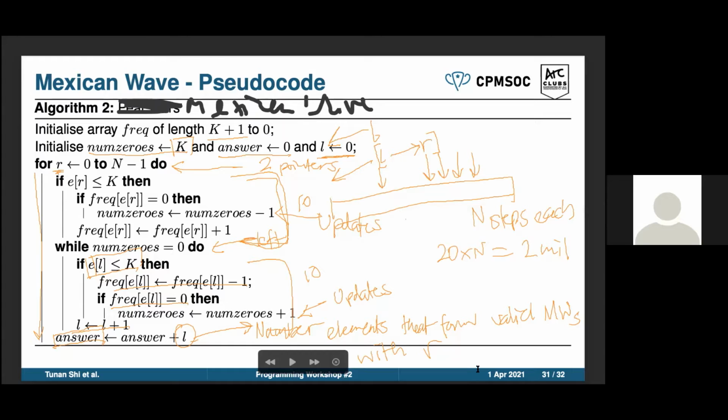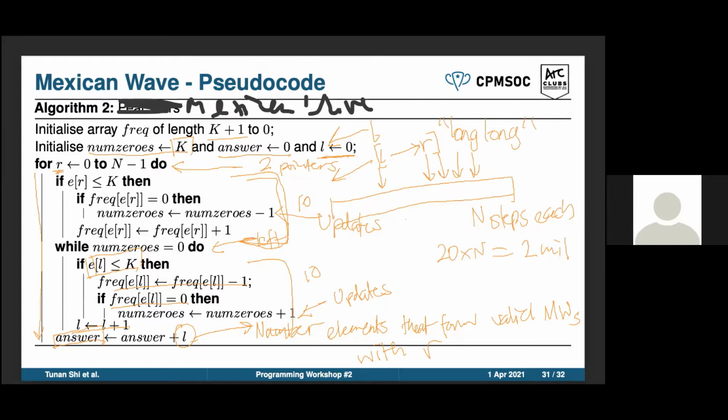So the solution to that is to use 64-bit integer data types. I know in C and C++, they're going to be called long. So if anyone wants to implement this solution in C or C++, then you probably want to use the long data type for storing your answer variable.